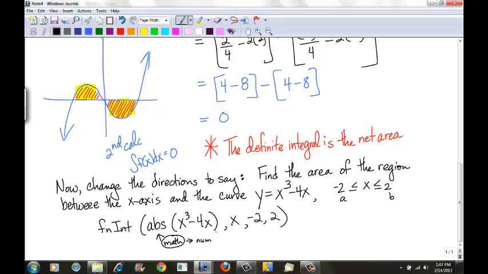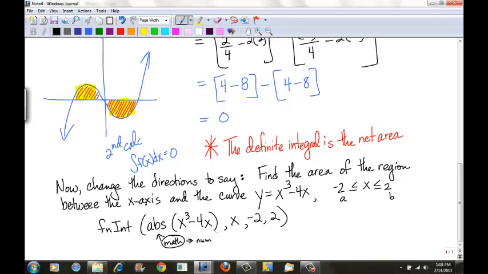Or if you already have it in there, you can do your bars. And comma, then you still have to do the variable, comma -2 comma 2.